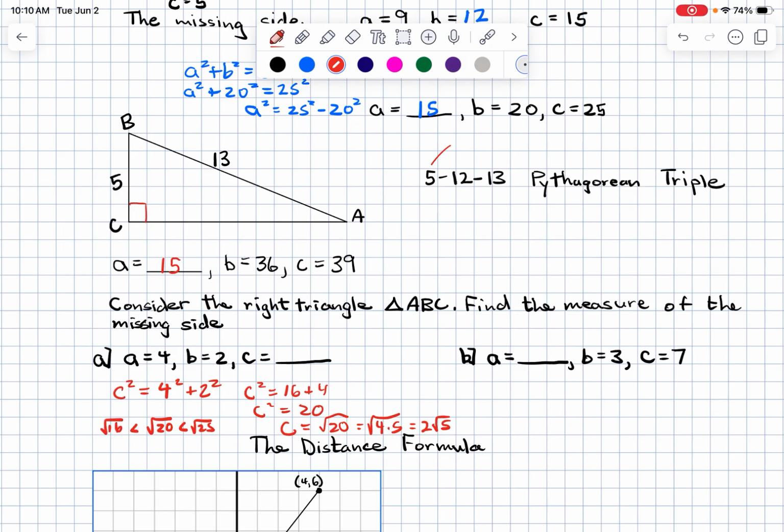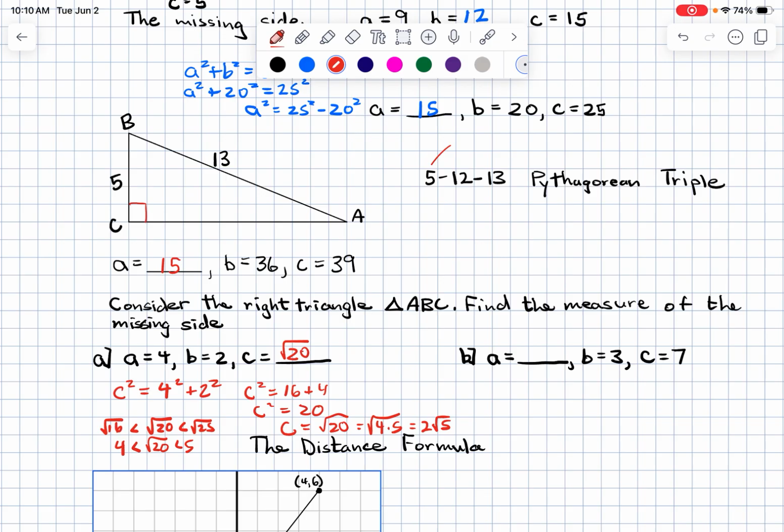Square roots that are very close. So you'd say the square root of 20 is somewhere between 4 and 5. So that's one of the ways that you can calculate it a little more easily, or one of the ways that you could estimate, a little more easily than trying to figure out what 2 square roots of 5 is.